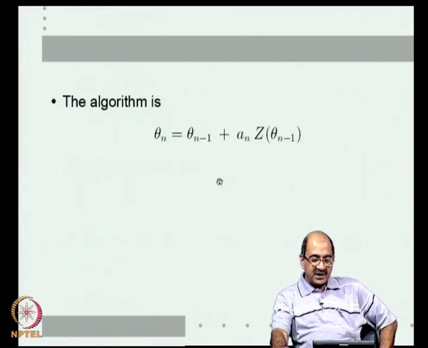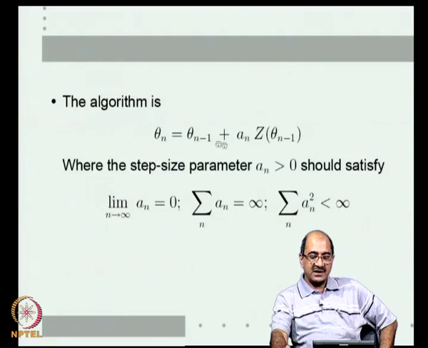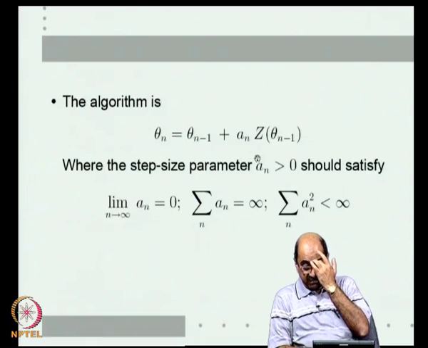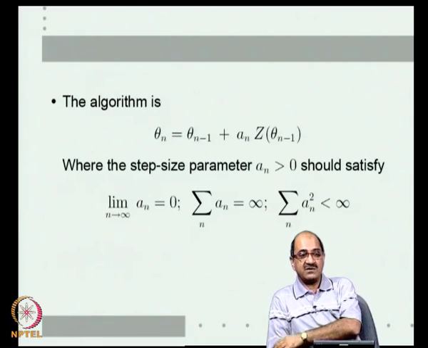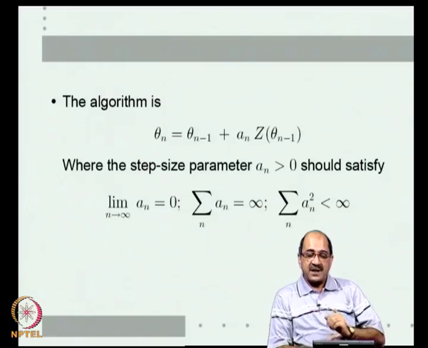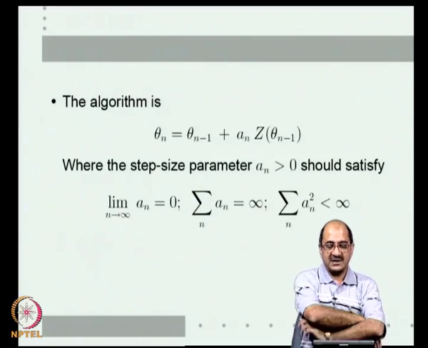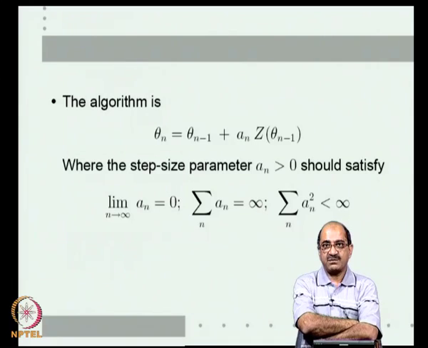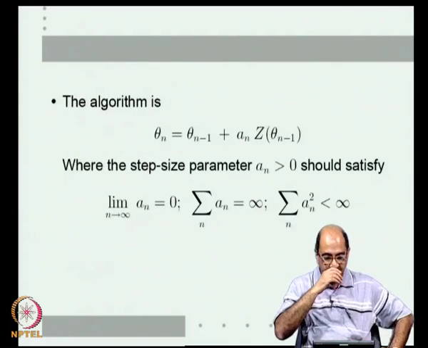So, the step size a n has to satisfy these requirements. Firstly, a n has to go to 0, because unless a n goes to 0, the algorithm does not converge anywhere. Unlike gradient descent, which can converge with a small constant step size, here, even at the 0 of h, the corresponding z is not guaranteed to be 0.